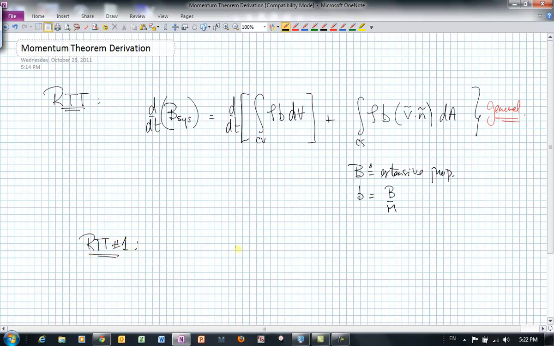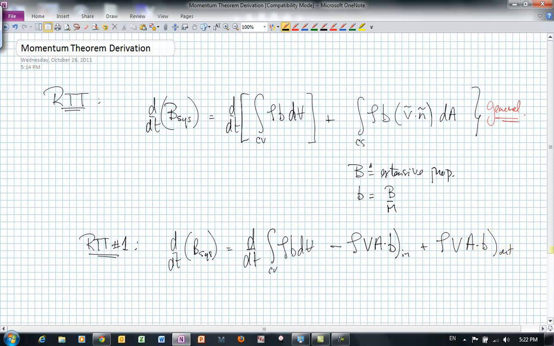RTT number 1 told us that d/dt of B system is equal to d/dt of the integral of rho little b dV, minus rho V A times little b going in, plus rho V A times little b going out.